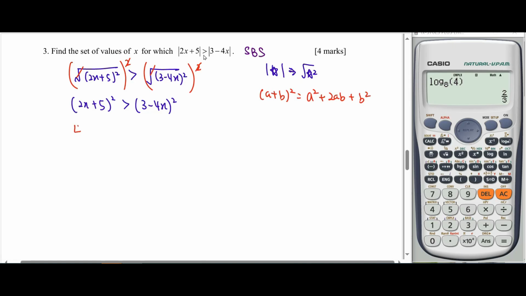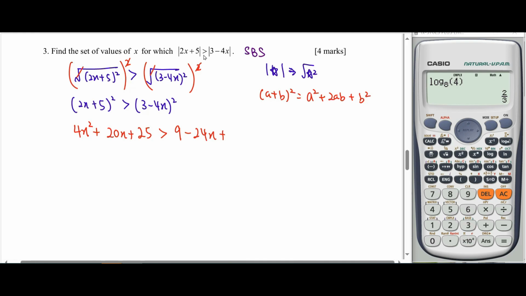So a squared for x squared, 2ab, 4 times 5, 20x, then 5 squared, 25, greater than, again square it, 9, then 3 times 4 times 2, and then 4x squared.